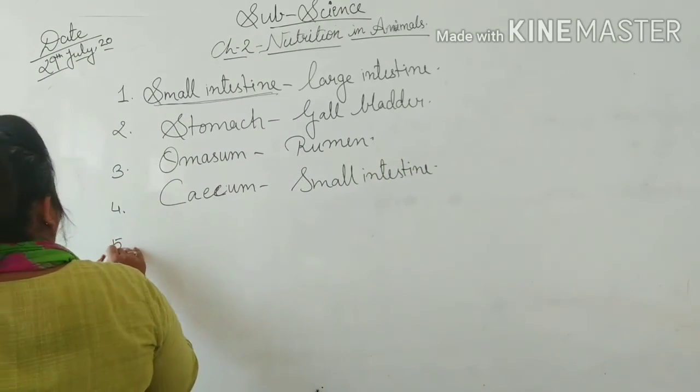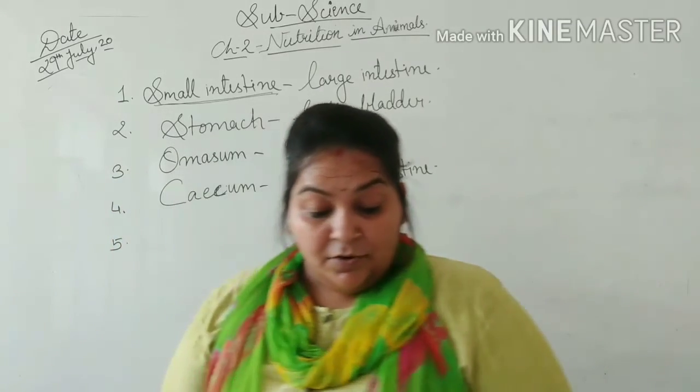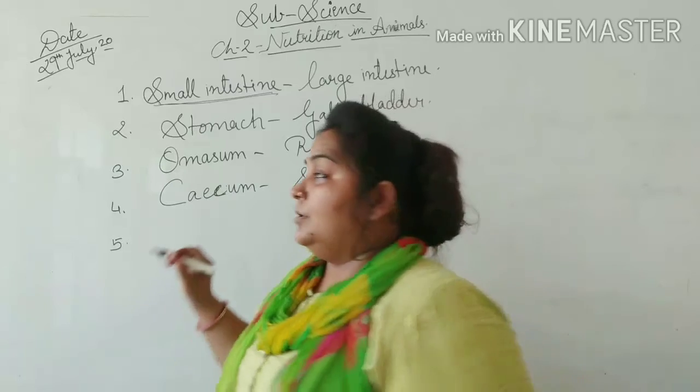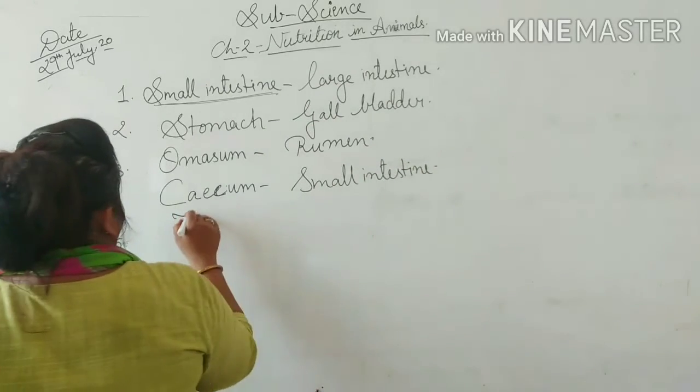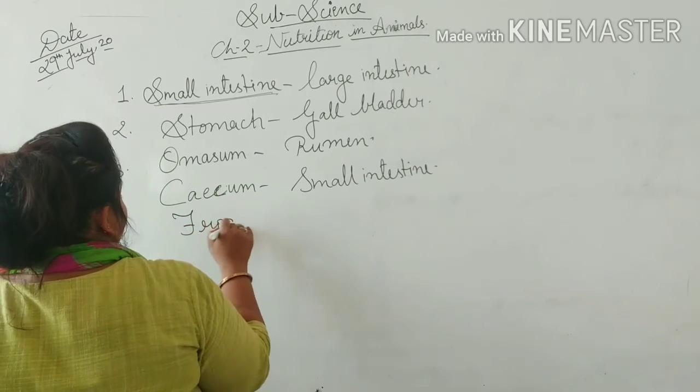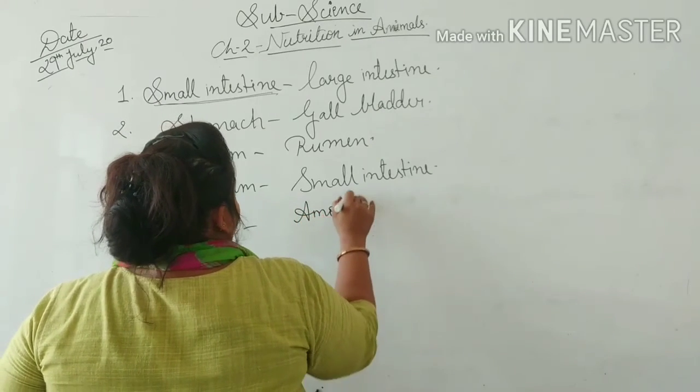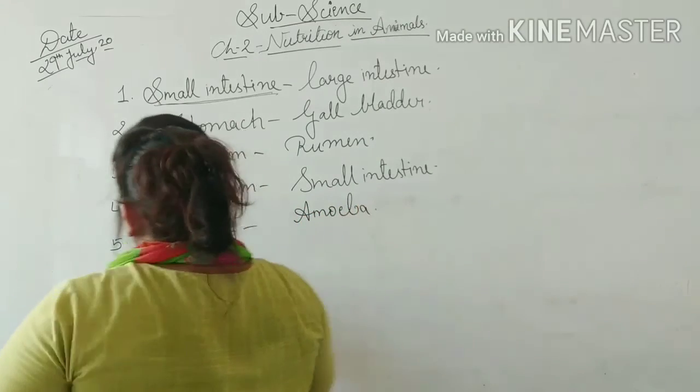Okay, number 5: pseudopodia in frog are called pseudopodium. No, instead of frog it will be what? You all know the answer. It's amoeba. The pseudopodium in amoeba is called pseudopodium.